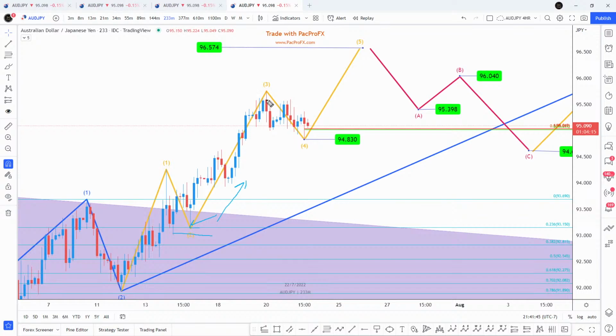Again, if you get up to this point here, you can wait until structure gets broken and then get out, and then you would have known that was it pretty much, or either that or you have a change in waves. That's what that really means, because you would have known from my analysis that this was a wave 4 and a 5. You could have gotten in here and gotten out here, and made pretty good money.